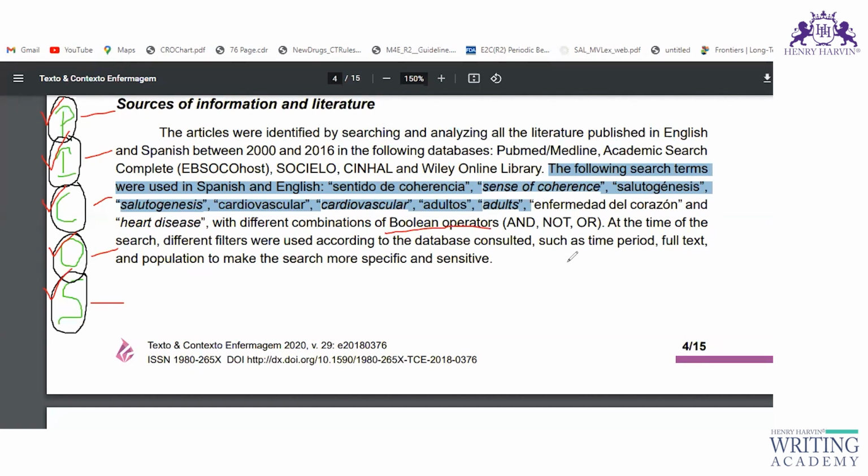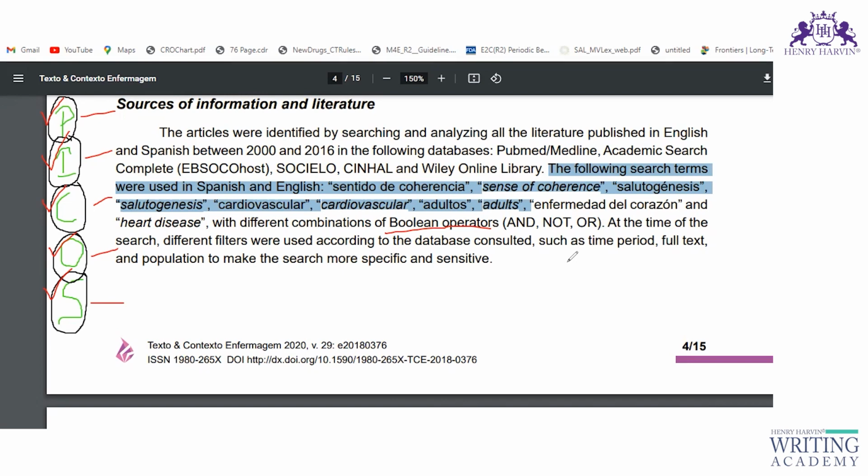Boolean operators, like you can use it like this: sense of coherence and salutogenesis, or sense of coherence or salutogenesis. If there is any synonym of salutogenesis, then you can use the word or, and then you can use adults, like this.